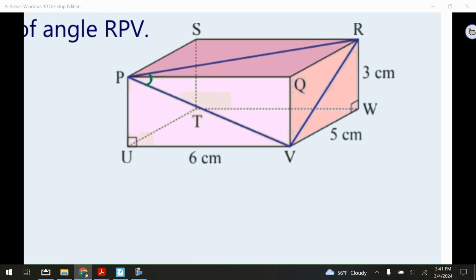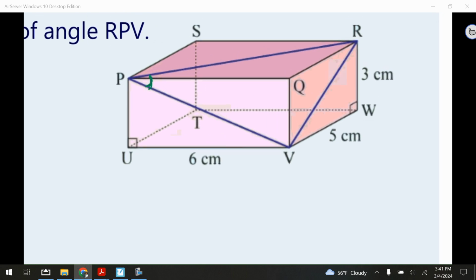So it's going to be located right in here with this little box, and it's not flat on any one of the faces of the box. It actually cuts through the box, that RPV.